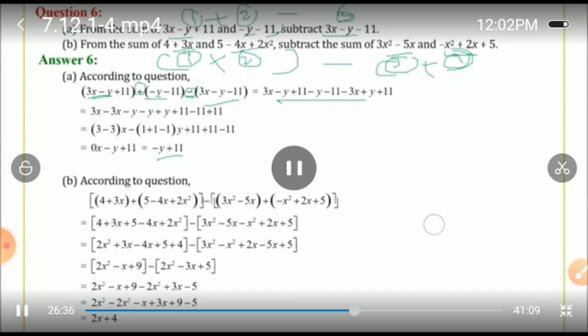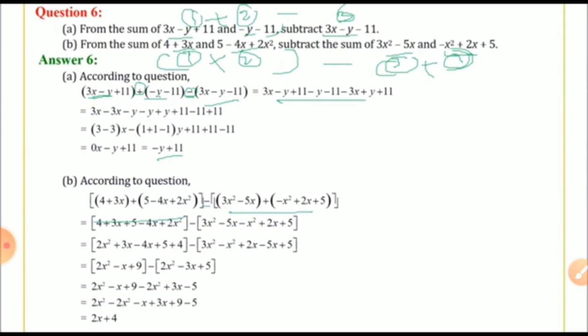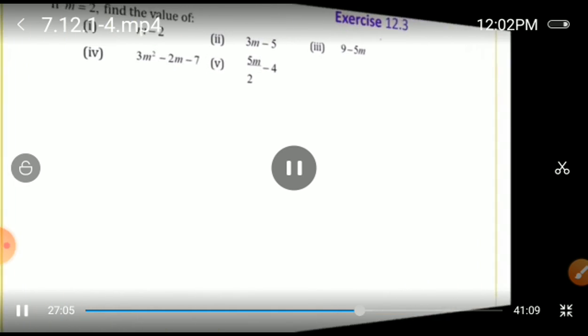Correct. Minus y plus 11. What about this one? B. Same one. Like terms we have to make together and find the solution with the brackets. Are the square brackets positive or negative? And at last you can subtract it. Minus 2x square, minus minus becomes plus 3x, minus 5, plus and minus minus 5. And then after that you can cut it.